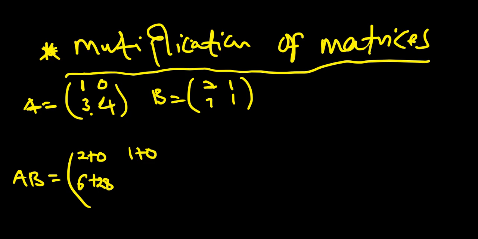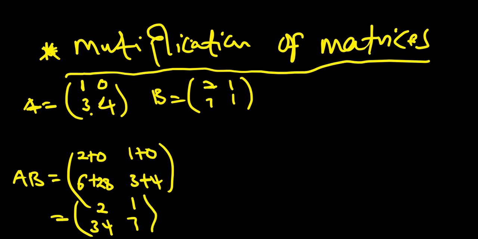And then 3 multiplied by 1, 3, 4 multiplied by 1, 4. So this here is our matrix A multiplied by B. We're going to get 2, 1, and then 34, and then 7. So now let's try to find the matrix BA.